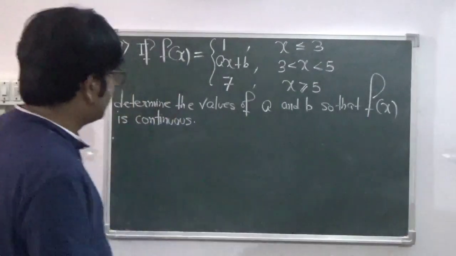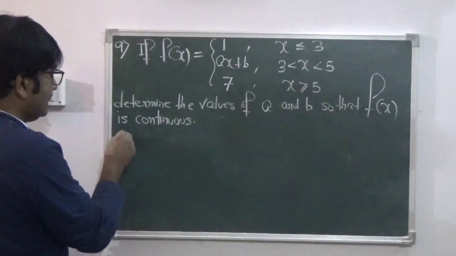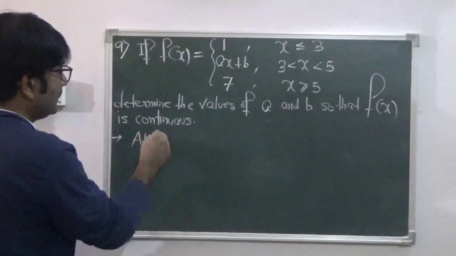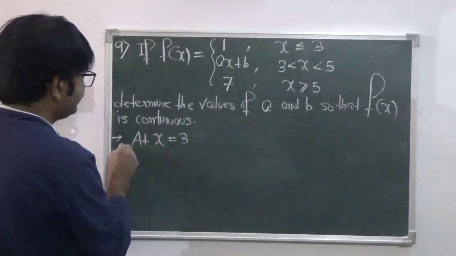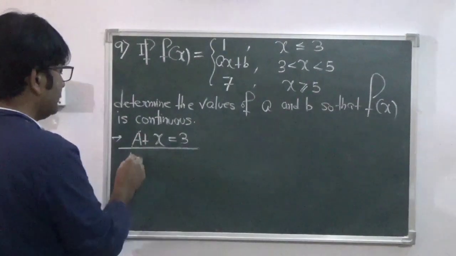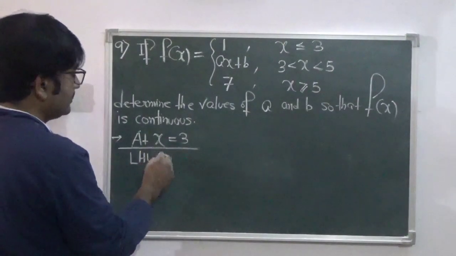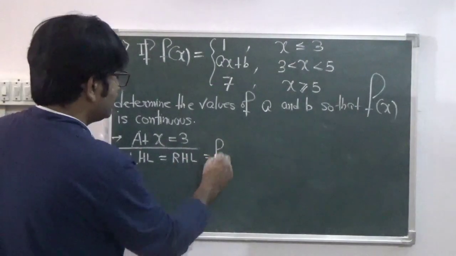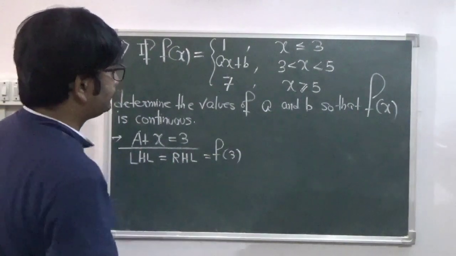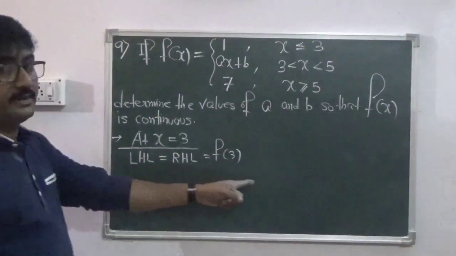So let us first see at x equals 3. Obviously the left hand limit should be equal to the right hand limit, which should be equal to f of 3, and f of 3 is 1, given.